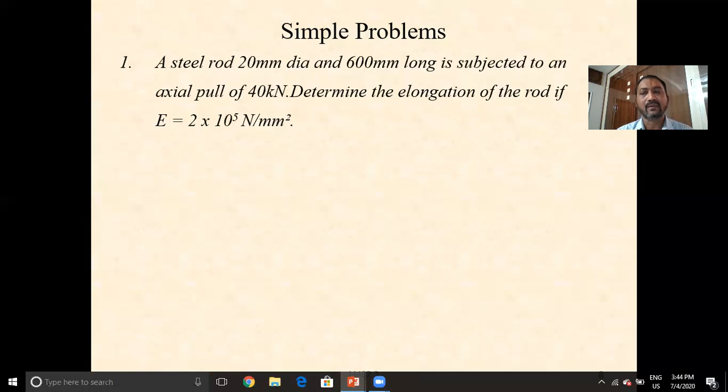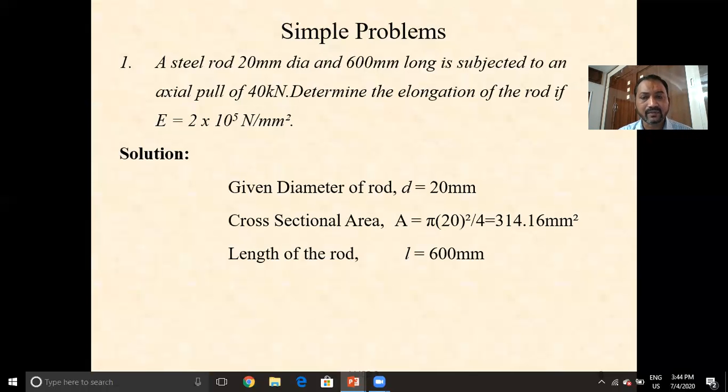Generally, we have to convert all the dimensions into millimeters, and kilonewtons or any other unit into newtons. That is nothing but arranging the data in a planned manner.